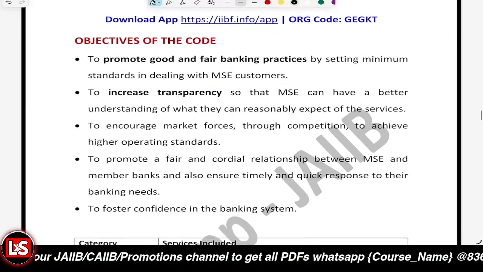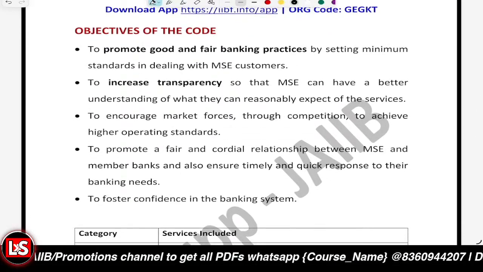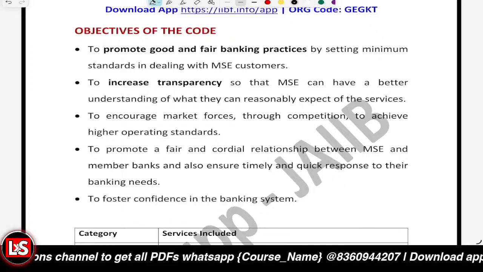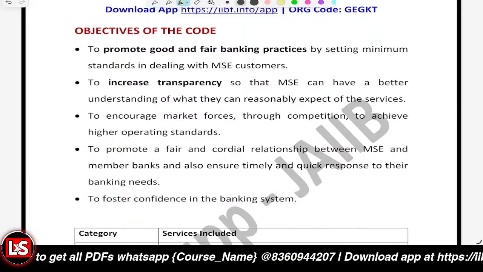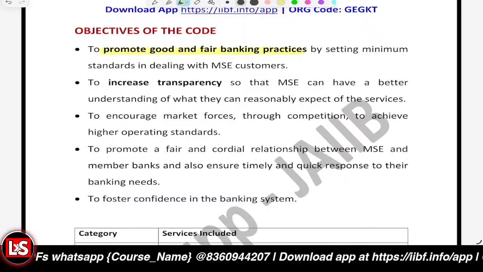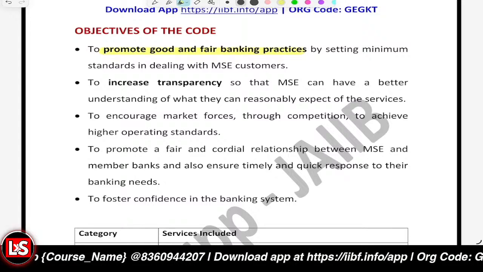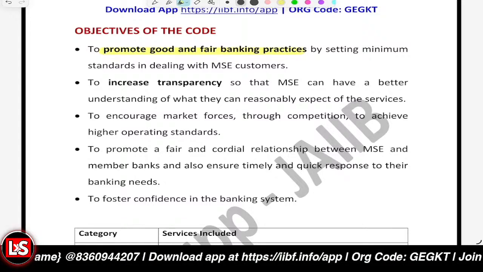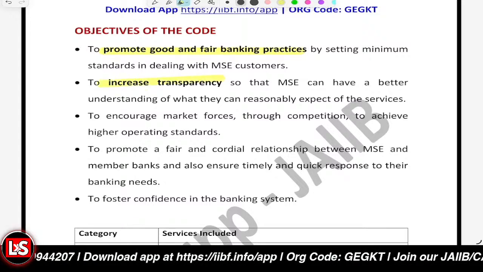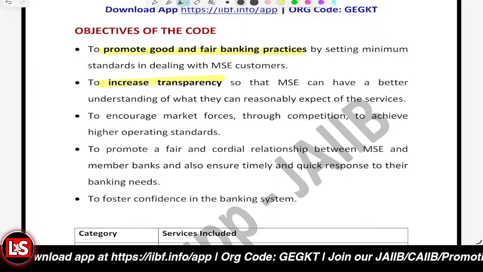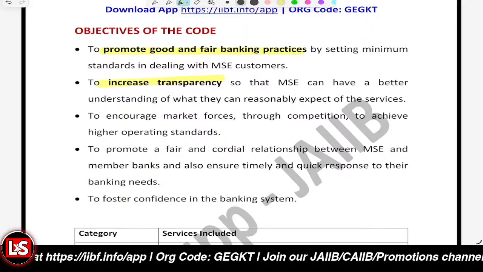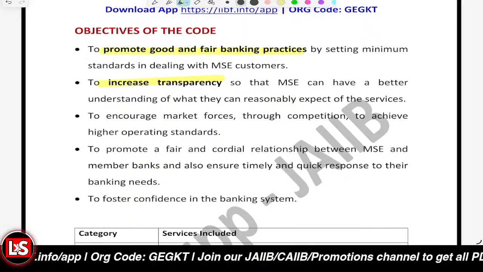So let's look at the objectives of the code. The first is to promote fair banking practices. Like I told you, MSEs should be treated fairly, with minimum standards while dealing with MSE customers. Transparency must be increased so that MSEs understand banking services and expectations clearly, right?